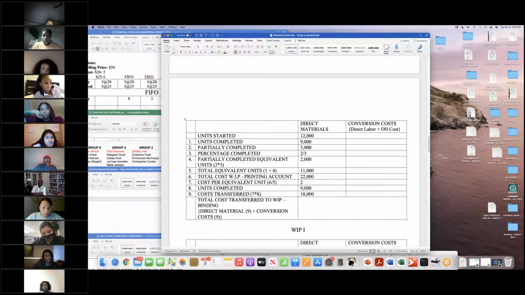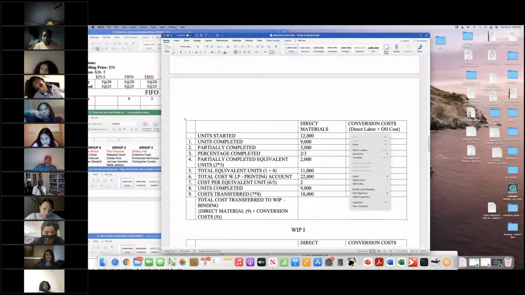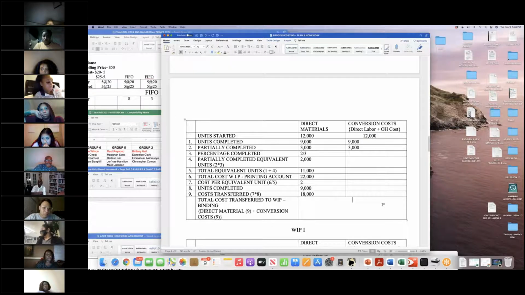Now we got to go to the other side and do the same thing. And then we're going to combine these two costs to get how much is transferred out. And we said the first three lines stayed the same.